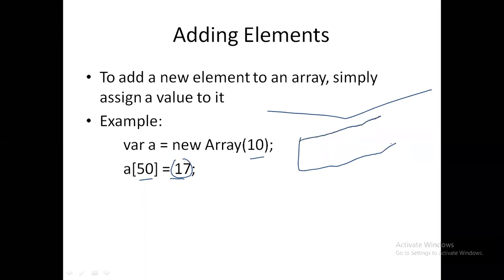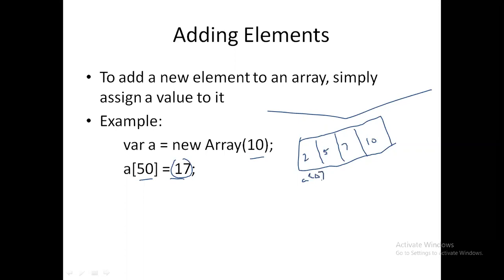So this is an array, and it has been split into boxes. I have been storing in my computer, say 2, then 5, then 7. As I told, the array will be storing like this in the form of an index. So it will be A of 0.